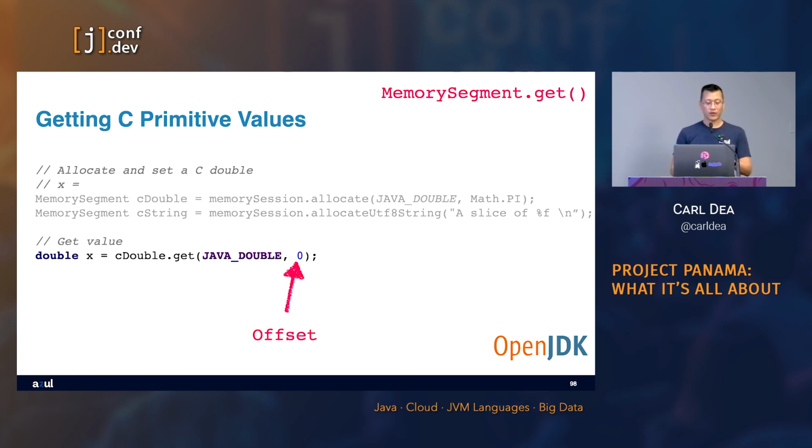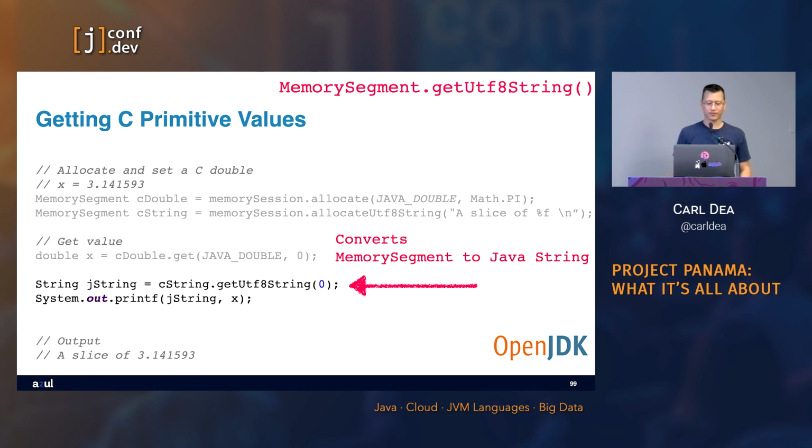Then there's a getter method on the memory segment that allows you to get the value inside that memory location. You could say 0, it's typically a 0 offset, but then you can increment that, and it'll go to the next grouping of 64 bits and grab the next value. So you can iterate through using the offset.